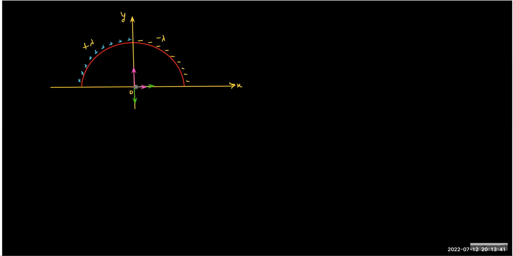Do you realize this part? And you can see that up and down will cancel out, and what will be left is twice one of the components. So the answer is still the same, 2k lambda by r, but in which direction? X direction. Earlier it was in the downward direction. Is this clear, guys? Yes, sir.